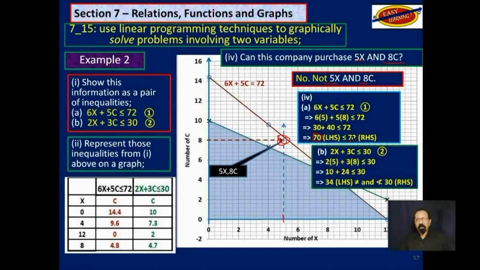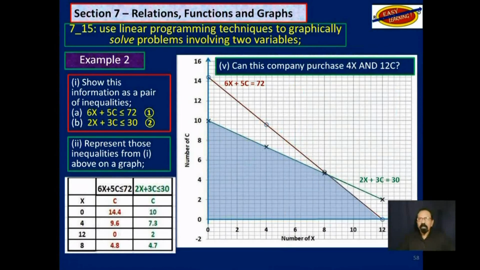But in terms of the maintenance, the expenditure to buy ink and paper and so on, that has shot up to 34, and we need to get to no more than 30. So in this case, the maintenance would be a problem, not the cost. Can this company purchase 4X and 12C?